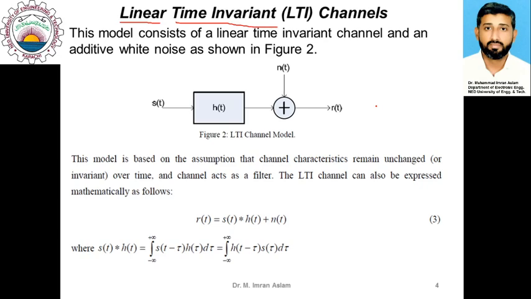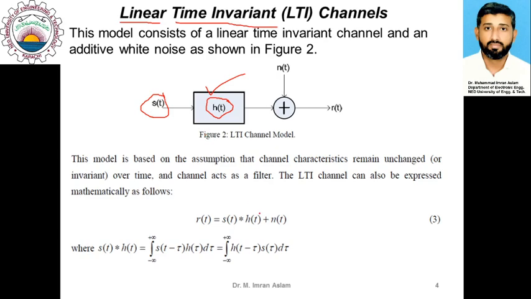This is the mathematical representation of a linear time invariant channel, where we have a signal, it goes through a channel, and this channel has a certain response. This h(t) represents the impulse response of the channel. So there are certain characteristics of the channel, just like a filter.